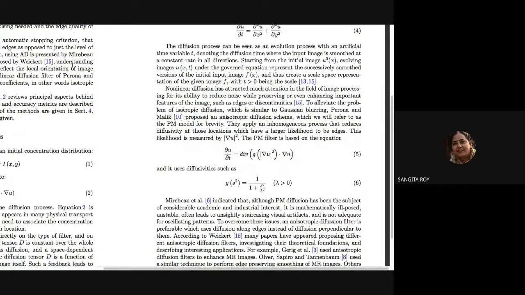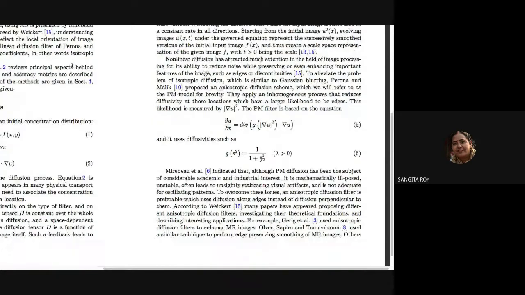Weickert indicates that although Perona-Malik diffusion has been the subject of considerable academic and industrial interest, it is mathematically ill-posed, unstable, often leads to unsightly staircasing visual artifacts, and is not adequate for oscillating patterns.